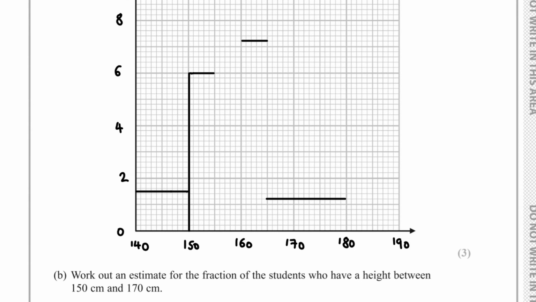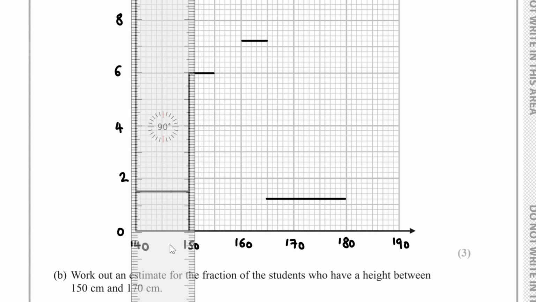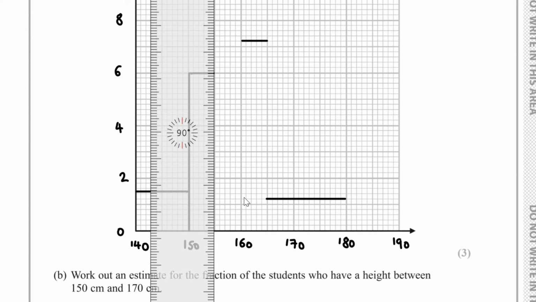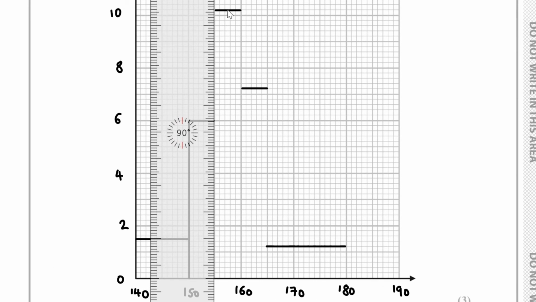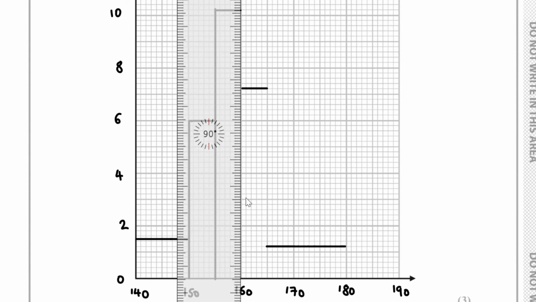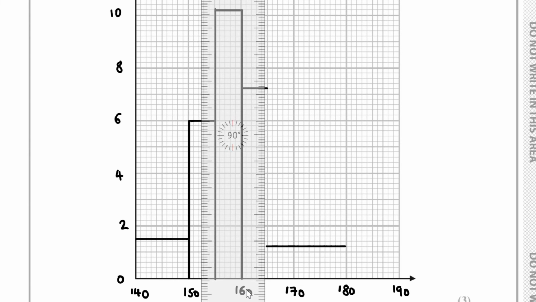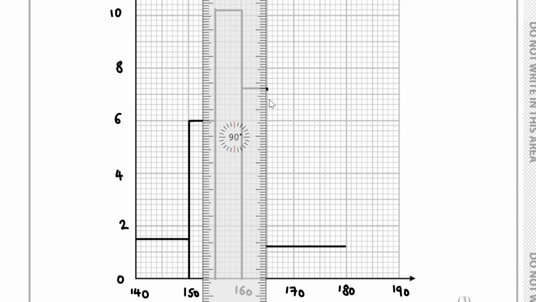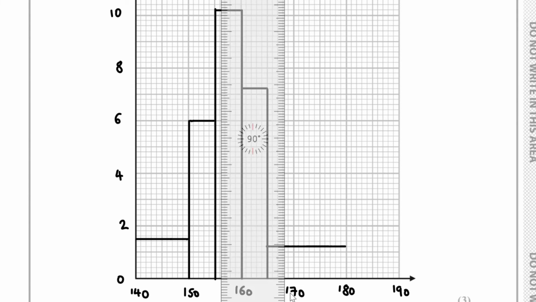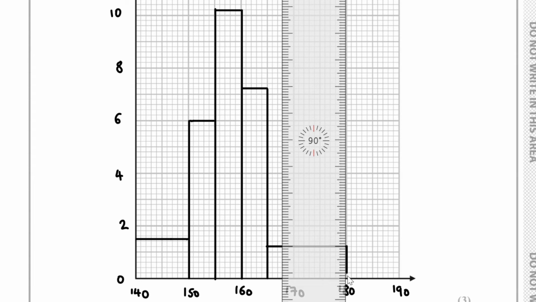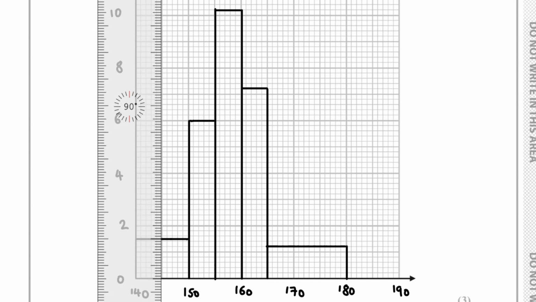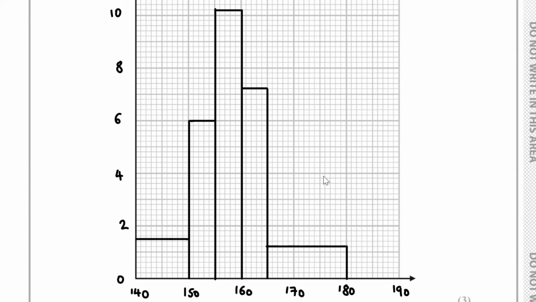And then now if we draw the next one, we've got this, and then we've got going from here, going down, and then we've got this, and then finally we've got this. So this is our histogram.